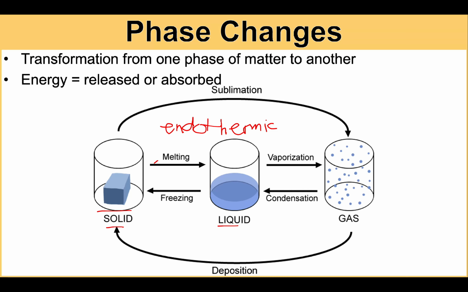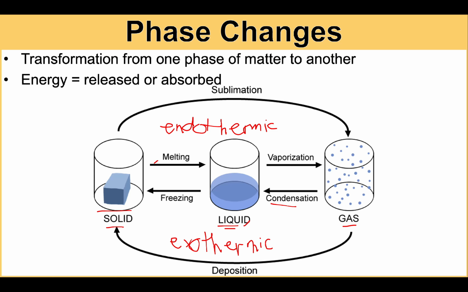So we have vaporization and sublimation. Now going back, we have gas to liquid, and we call it condensation. Condensation is a phase change from gas to liquid. So it's from a chaotic or random arrangement to a more ordered arrangement like a liquid. So we call this an exothermic process.